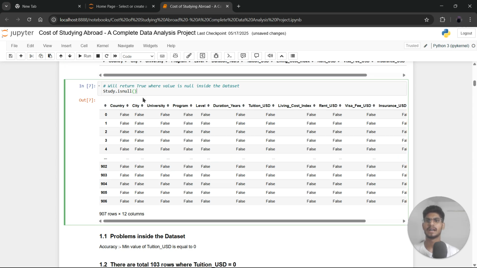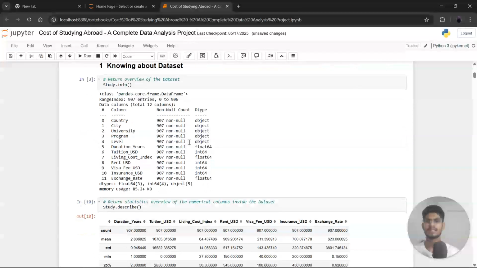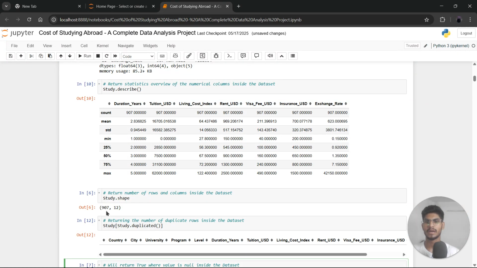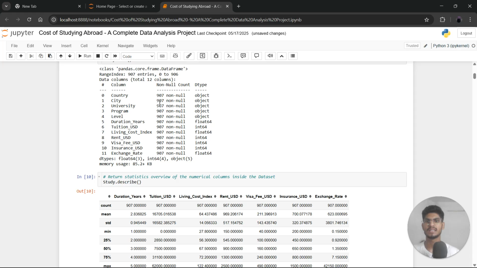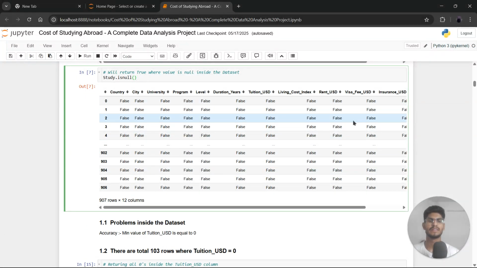Now let's come further and see the isnull function. It helps us know the number of null values we have in our data set. We have already seen right here that we don't have any null values. We have a total of 907 rows by using the shape function, and all the columns have 907 rows, so there is no null value, which is why it is showing False for every single row and column.